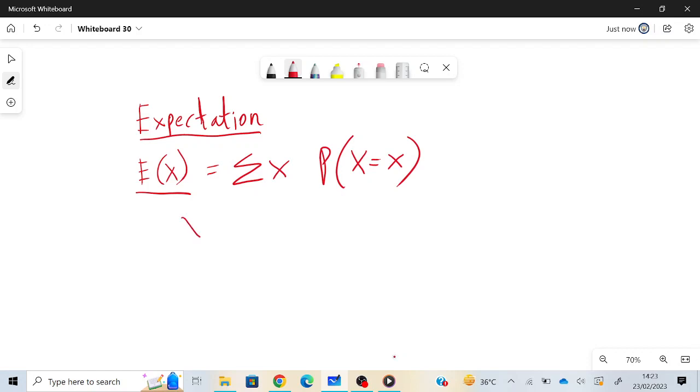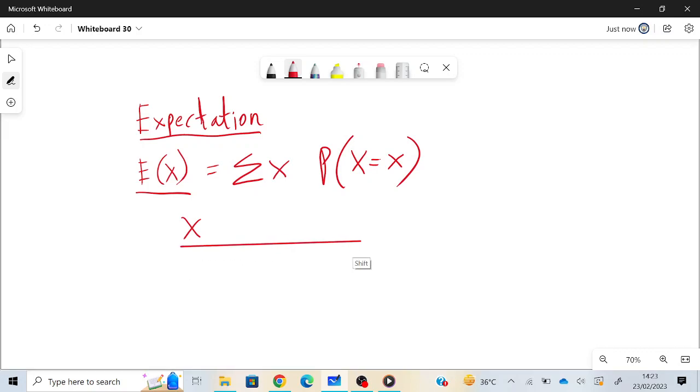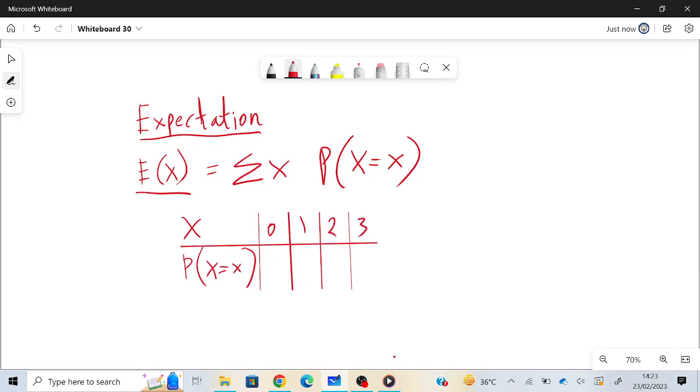Let's make a table. We have x over here. Let's draw a line. Have p of x over here, and then we have our different sets of values. Let's say this is 0, this is 1, this is 2, this is 3.